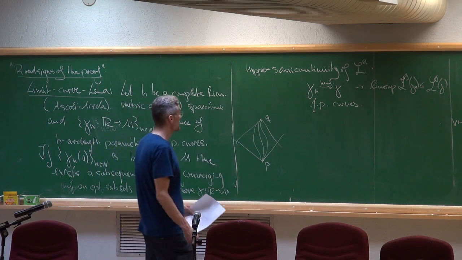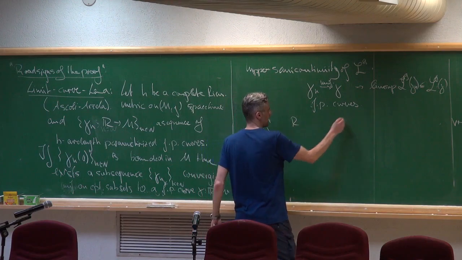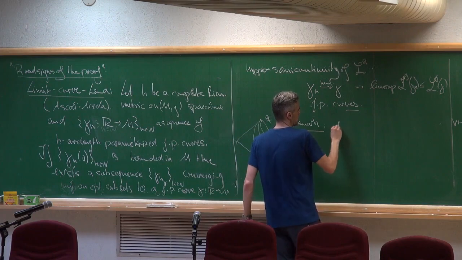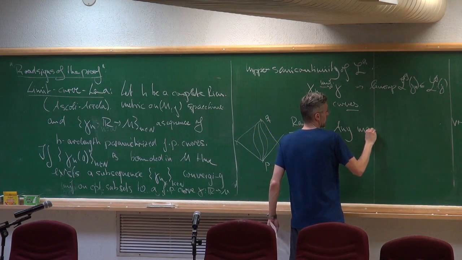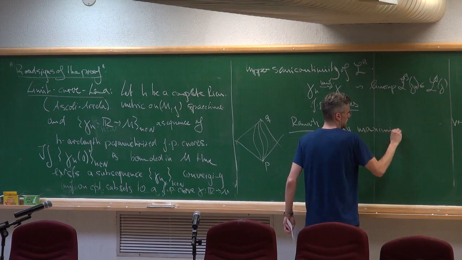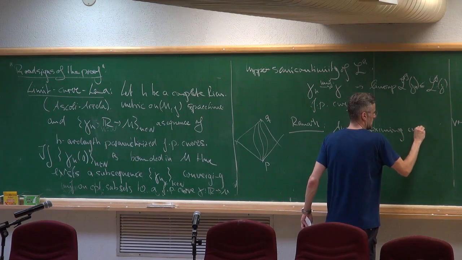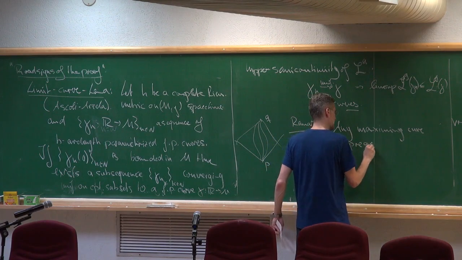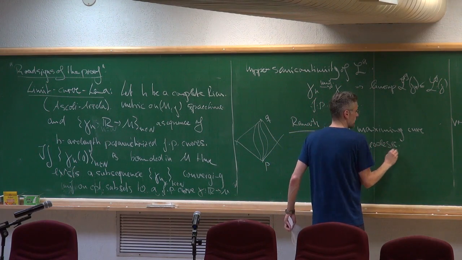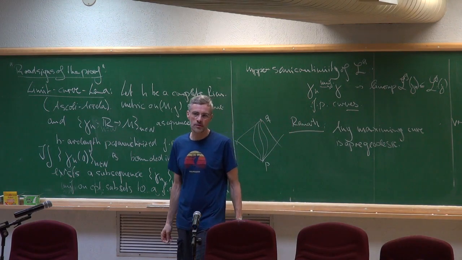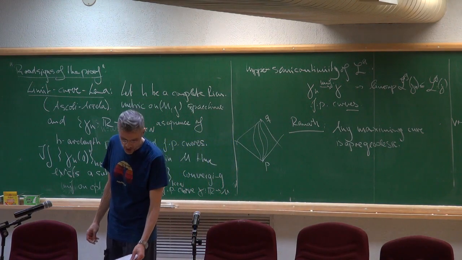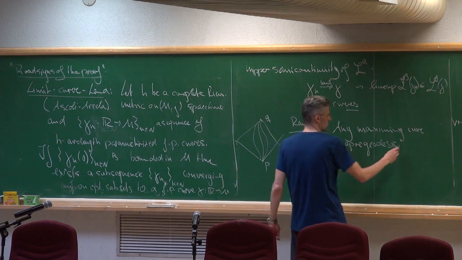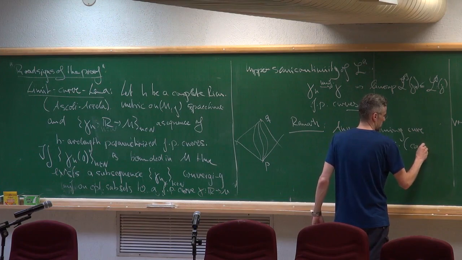So, what I did not say so far, any maximizing curve is a pre-geodesic, meaning it is a geodesic up to parameterization.